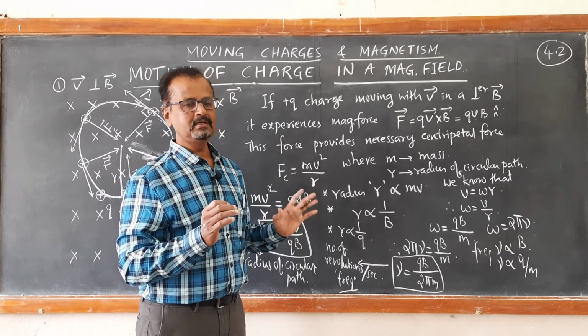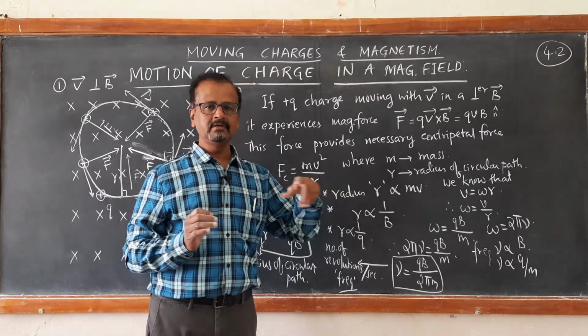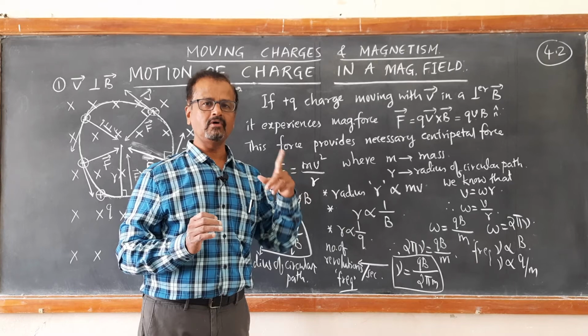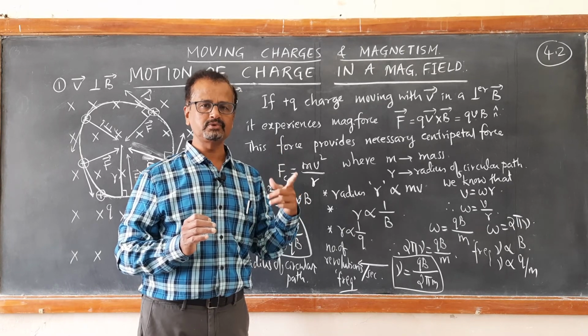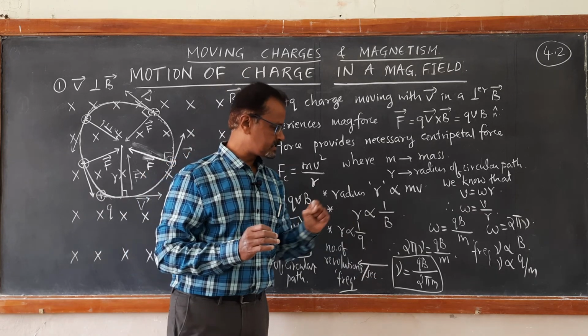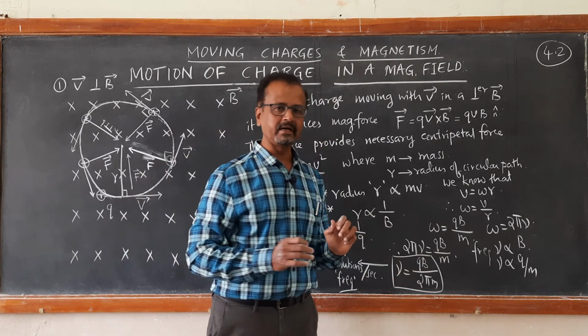So the principle of the cyclotron is that the frequency of the charged particle undergoing cyclic or revolutionary motion is independent of its radius or its velocity. It just depends on the strength of the magnetic field.